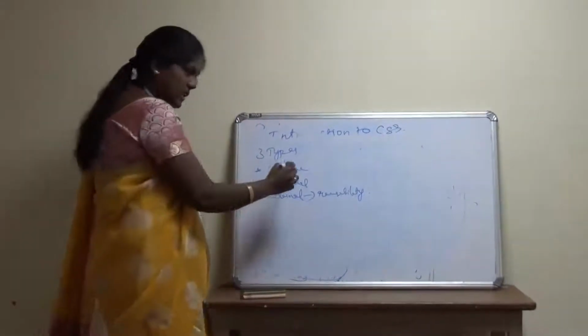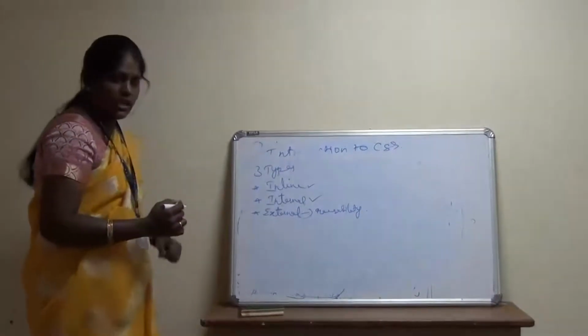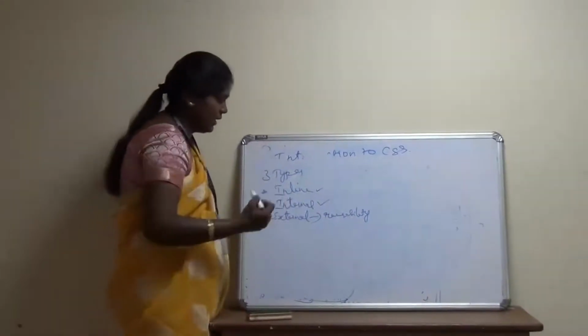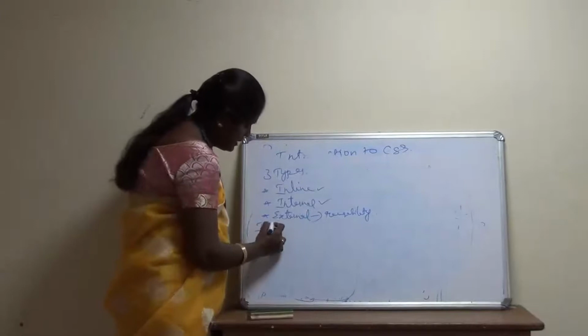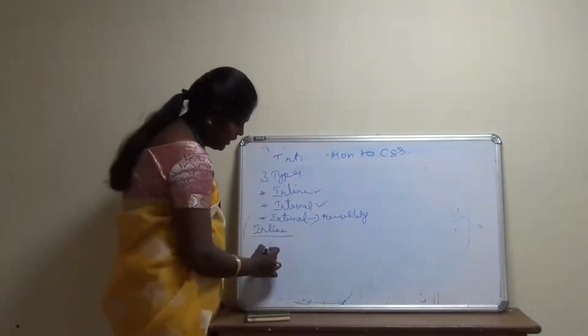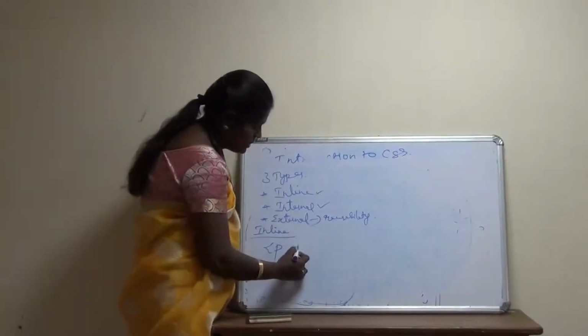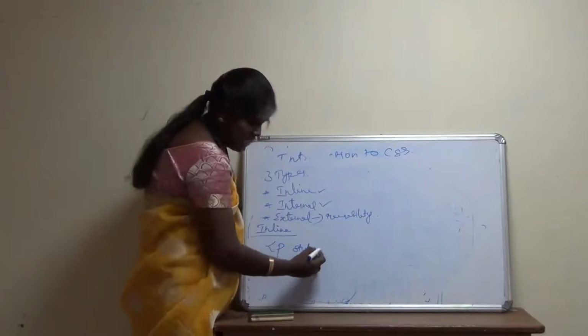Suppose our program is very small in size, we use only a few lines of code in HTML, then we can go for inline and internal. So the inline style sheet is, we use a style inside the tag. For example, I am going to add a style to a paragraph. So I use the term style as an attribute.